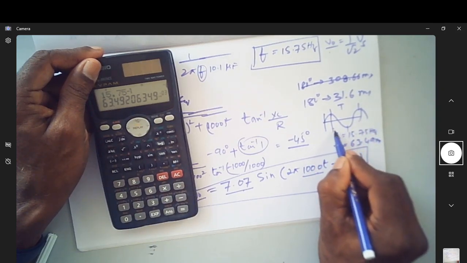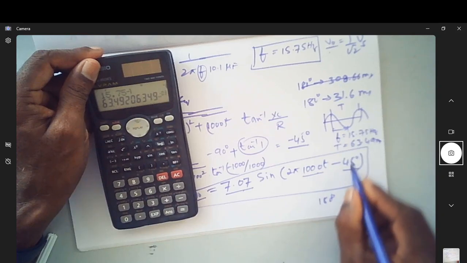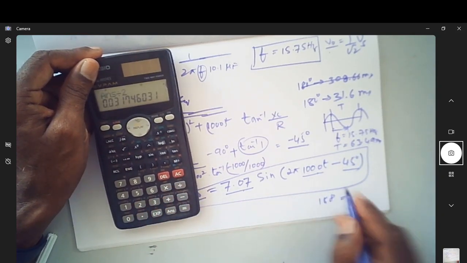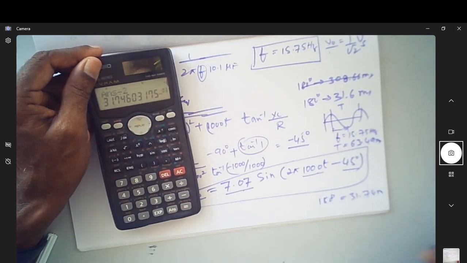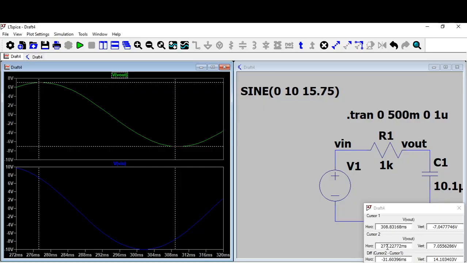But from here to here, this is actually a 180 degree phase shift. For 180 degrees, it is half of this time, so divided by 2. Can you see it is 31.74 millisecond. That's what I got here, 31.6 millisecond, the difference between this and this.